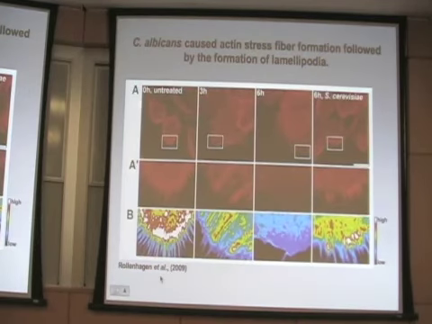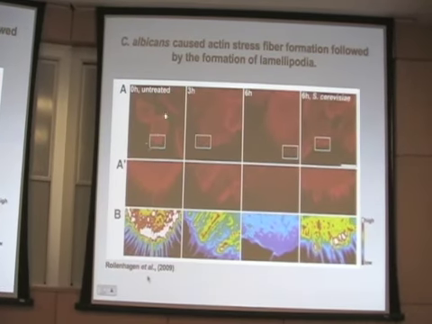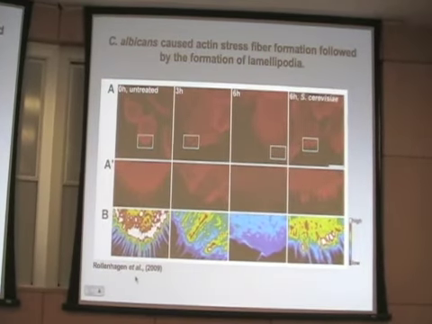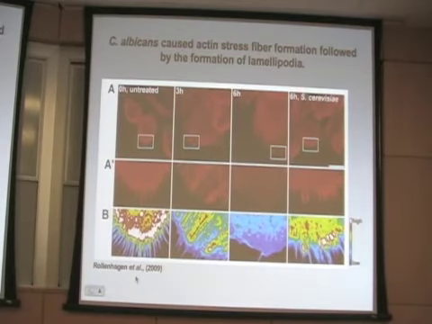When you look at the untreated cultures, you can see that those cells exhibited primarily filopodia. At the 3-hour time interval, we were able to see primarily stress fibers and focal adhesions. And at the later time interval, these cells exhibited extensive lamellipodia.